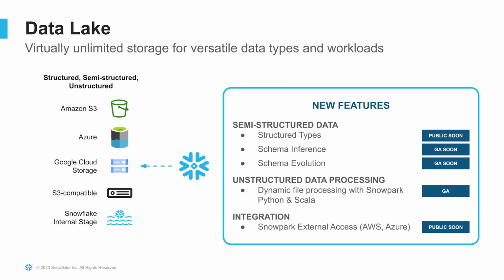Soon in public preview, you can assign data types to elements in arrays, objects, and map to better enforce schema. You can also automatically detect schema of Parquet, Avro, and ORC files in stage. While this was already available, we are now enhancing it and making it available for CSV and JSON files.